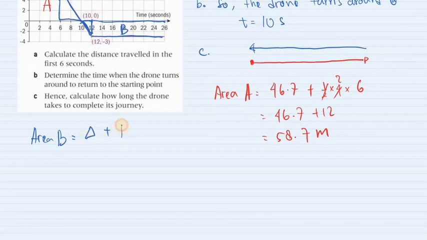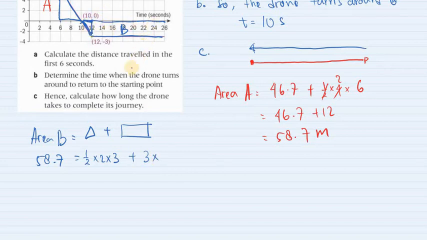So area B is equals with area A, which is 58.7. The triangle part is half times the base, from 10 to 12, which is 2, times the height, from 0 until -3, which is 3, plus the area of the rectangle, with the width 3, times the length of this.